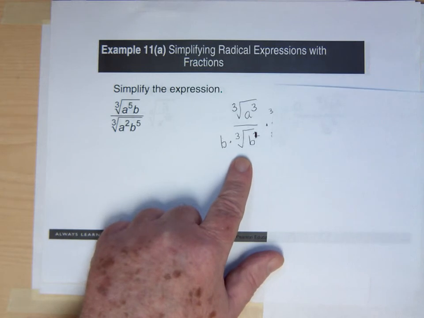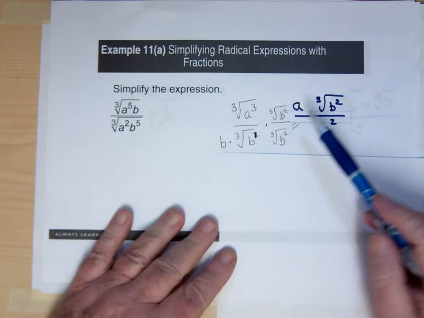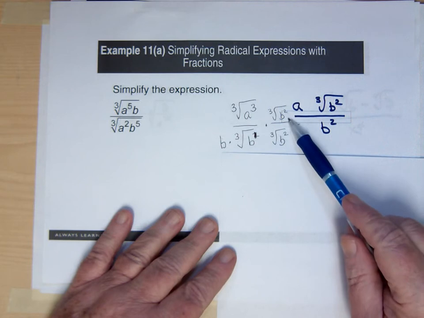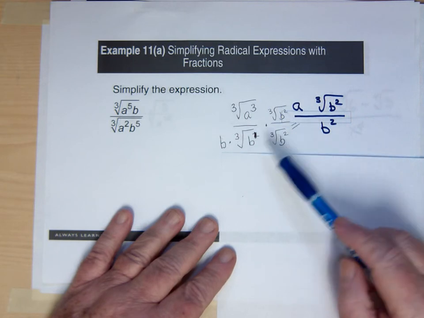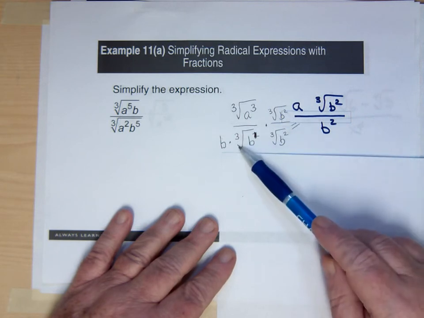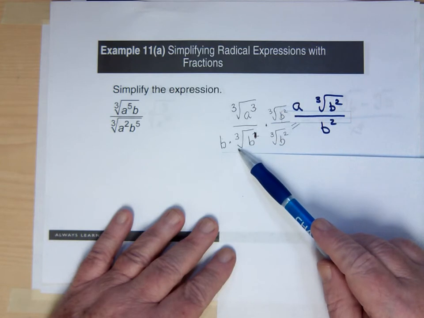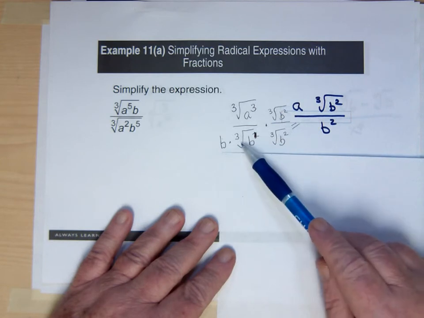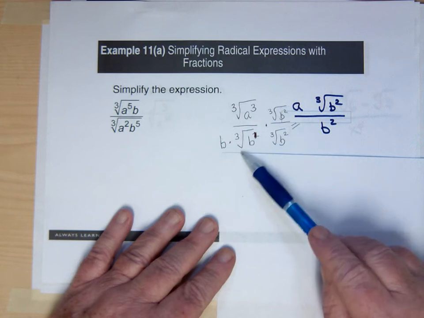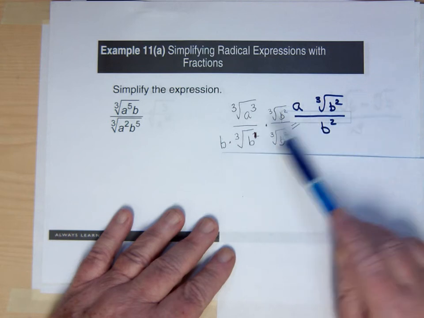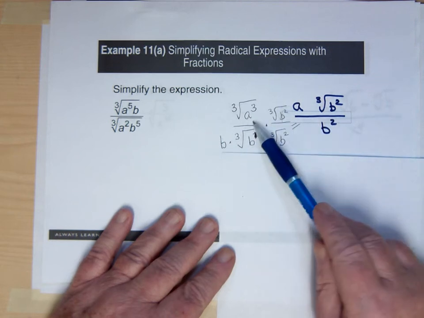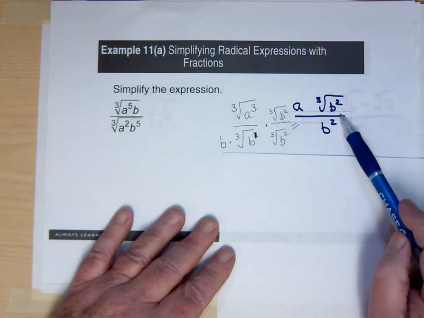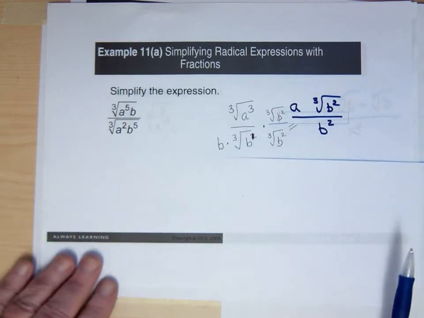So what I am doing to rationalize the denominator is multiplying the top and the bottom by the cube root of b squared. That means in the bottom at the end of the problem I'm going to have b times the cube root of b to the 1, cube root of b squared. That's going to be another b, that's b squared, and when I multiply across the top I will get the cube root of a cubed is a cube root of b squared. So there is the answer to that one.